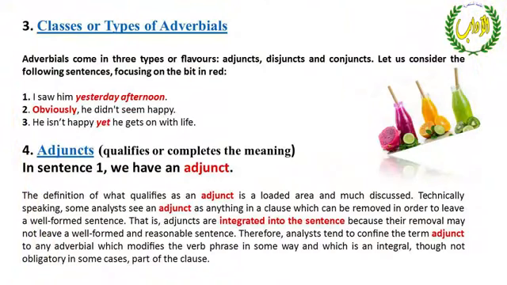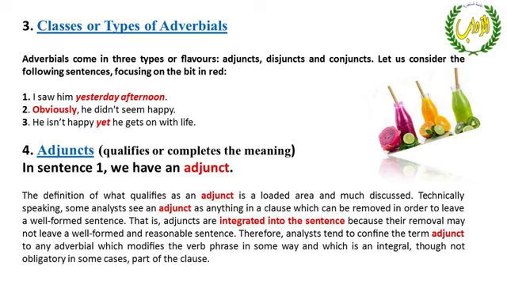The third point that I'm raising here is classes or types of adverbials. Adverbials come in three types or flavors: adjuncts, disjuncts, and conjuncts. Let us consider the following sentences, focusing on the bit in red. First, I saw him yesterday afternoon.